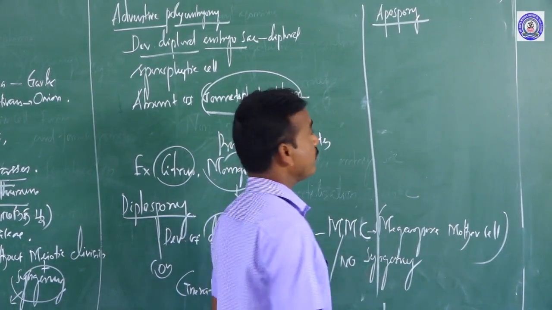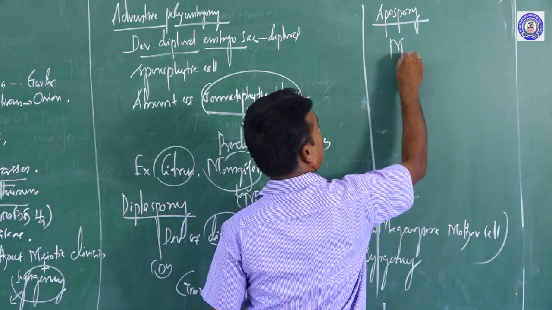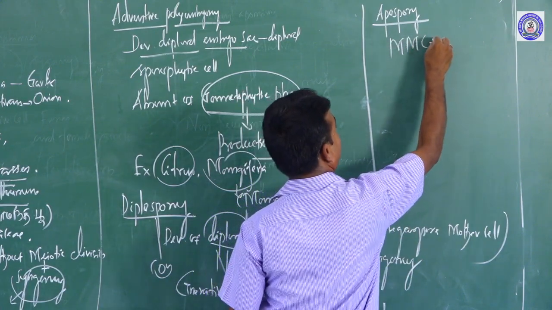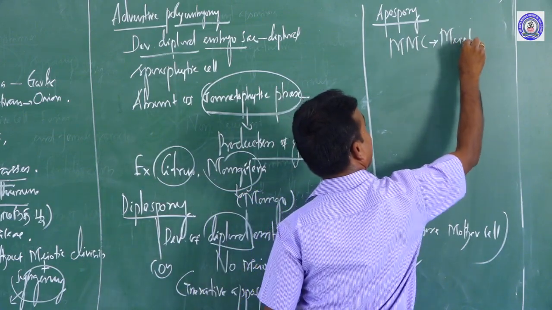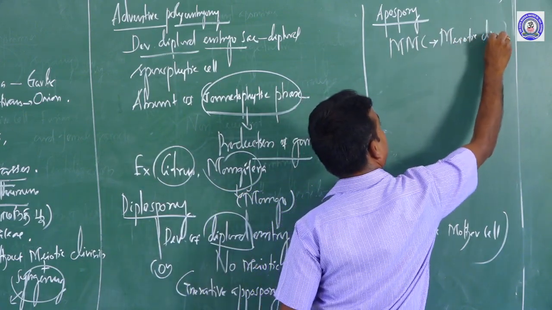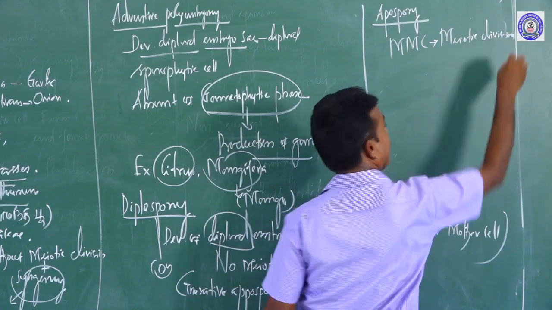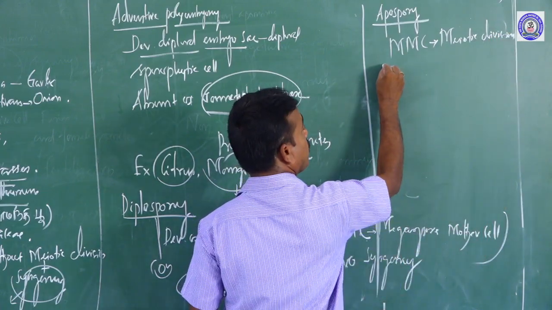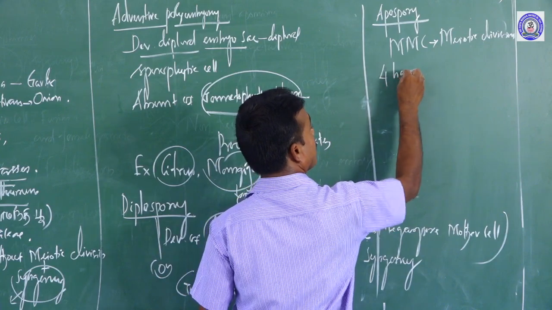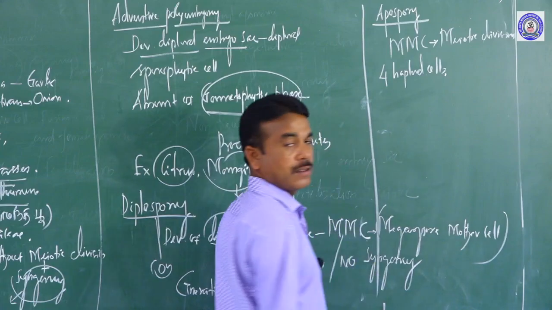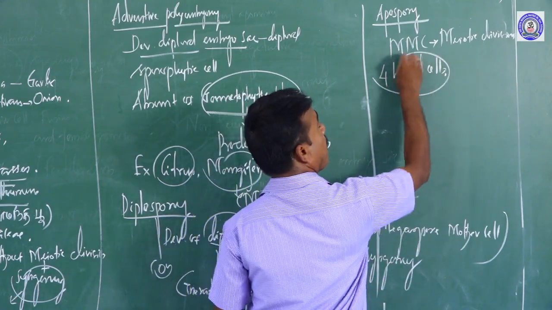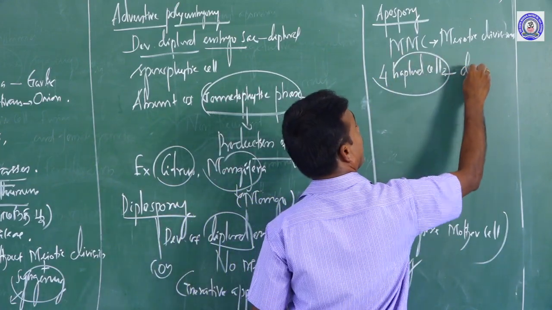Here, the megaspore mother cell undergoes meiotic division, resulting in four haploid cells being produced. Those four haploid cells gradually disappear.